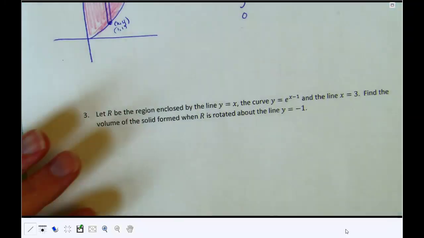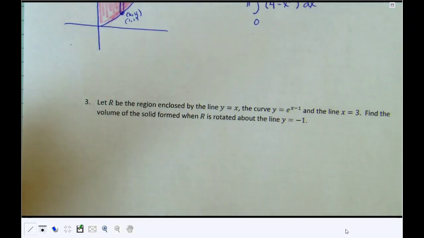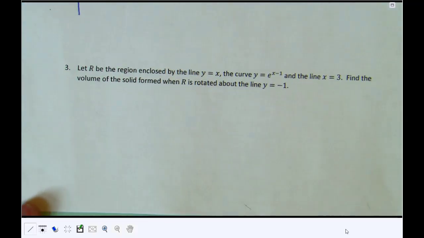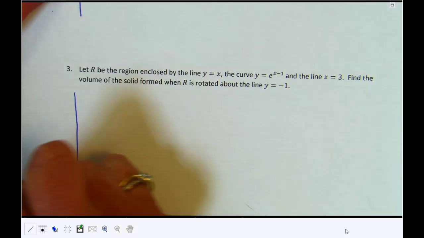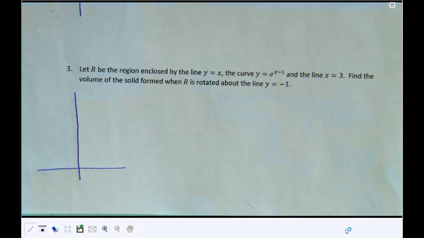Number 3. I just want you to draw it and then tell me what the radius would be. Use your calculator, by the way, because who knows what e to the x minus 1 looks like. Thank you.